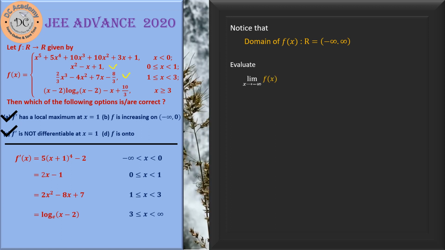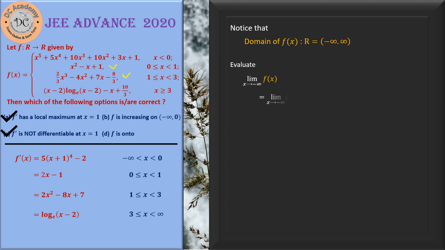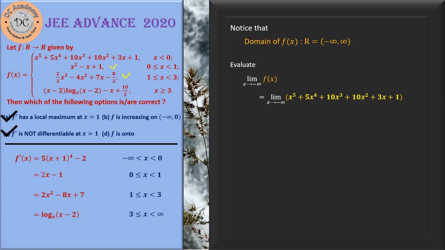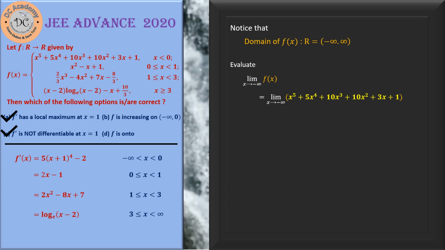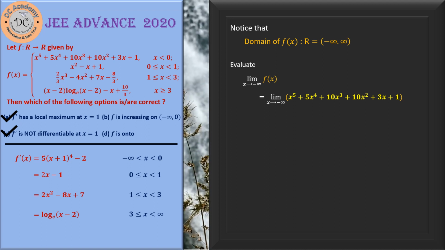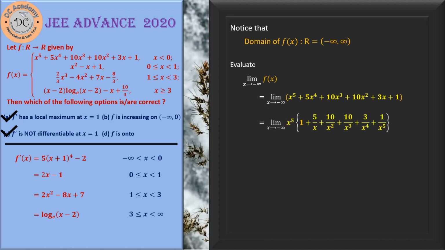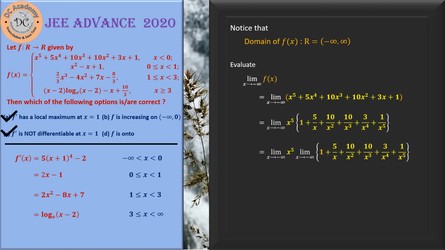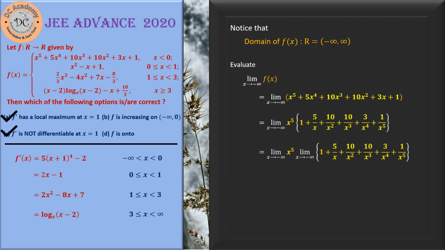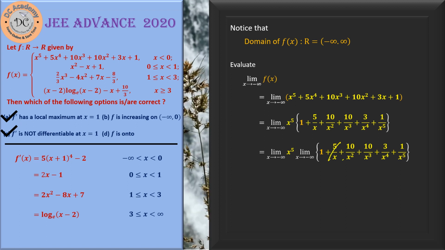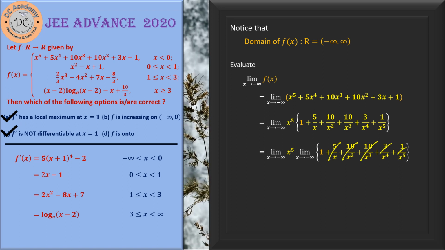Limit x tends to minus infinity of f x. Now when x tends to minus infinity, we have to take the definition for x less than 0. So see, x to the power 5 is the largest power. Take that power common, and we rewrite that as the product of two limits. Now when x tends to minus infinity, 5 by x, 10 by x square, all of those terms go to 0.